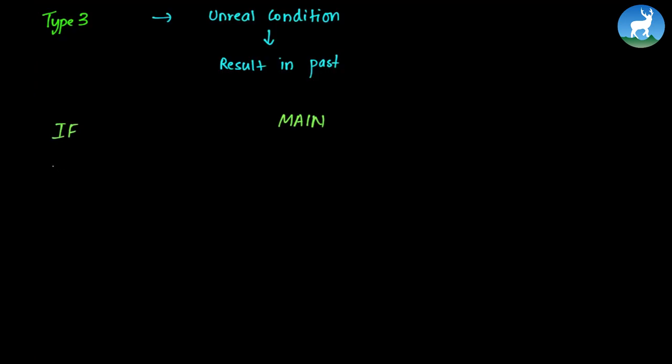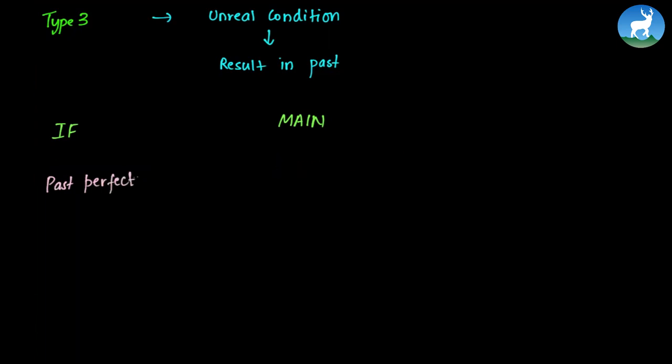We have two more types, and we will go through type 3 now. Type 3 is used when we are talking about an unreal past condition and its possible results in the past.